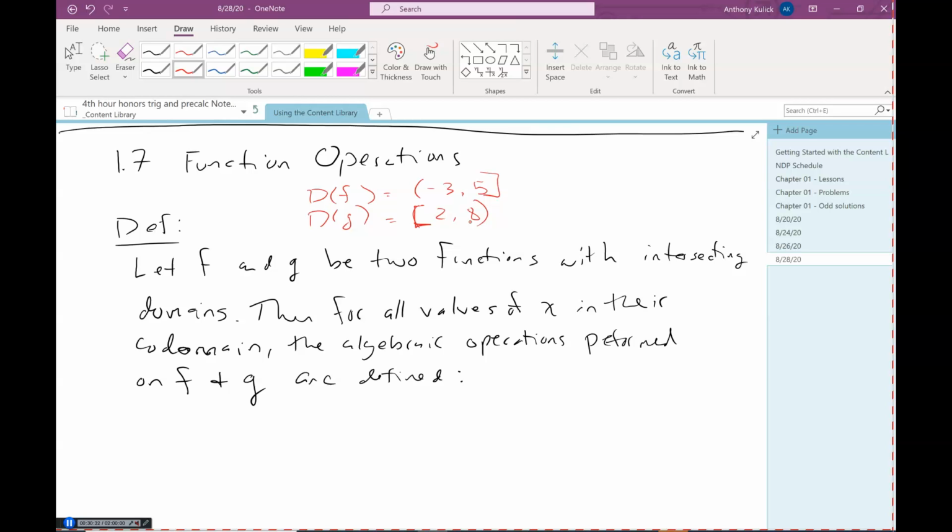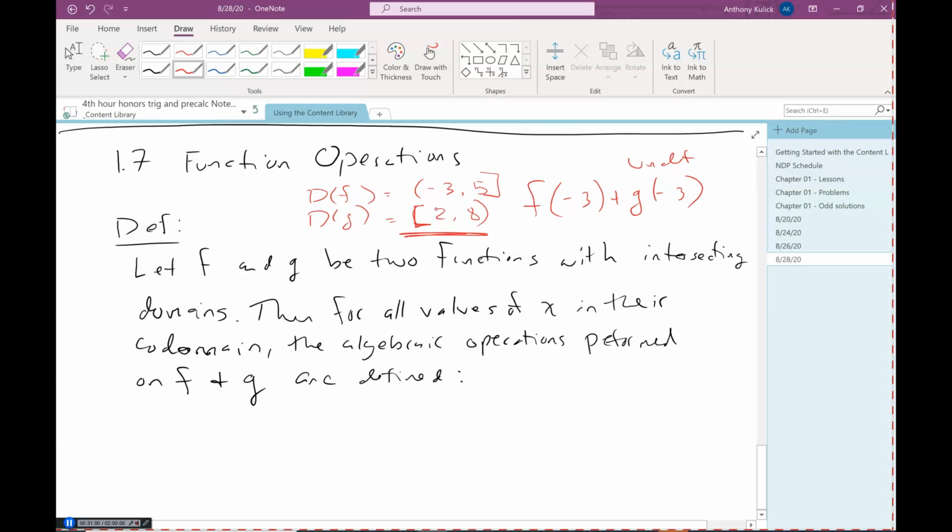The answer for everything would be undefined, right? For example, if I did f of -3 plus g of -3, this is undefined, because -3 is not in the domain for g.